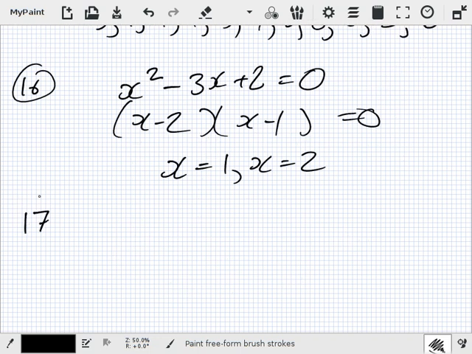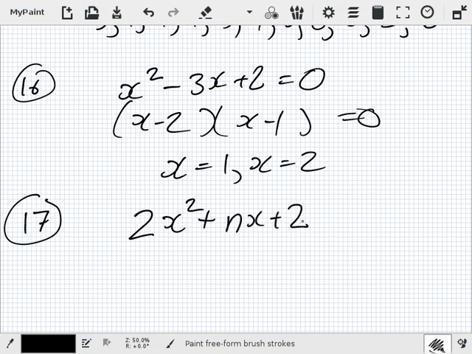17. Now this was a tricky one. This one caused a great deal of confusion. For some small positive natural number n, the quadratic equation 2x squared plus nx plus 2 will have two rational roots. Find the smallest such n.